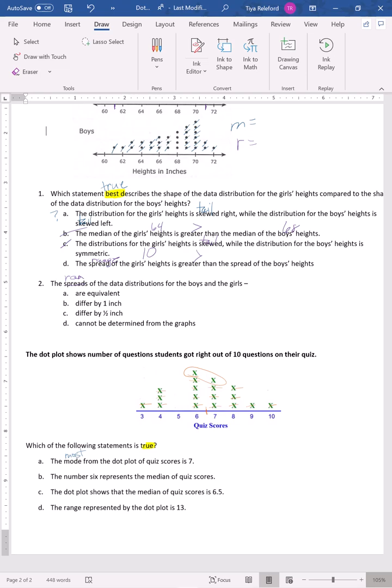So is B correct? No. What about C? Is the median 6.5? And D says the range, which is your greatest minus your least, is 13. Is that true?